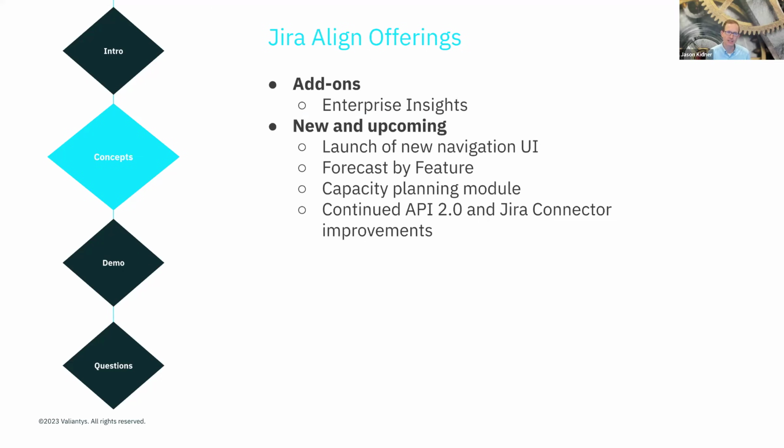There's also an add-on that doesn't come with just Jira Align Enterprise. It's called Enterprise Insights. This is an add-on I've seen most of the clients that we work with use. It's really the data lake, if you will, for Jira Align. It has all the tables, all the raw data that's being used by Jira Align, and you can then export that and bring that into a business BI tool like Power BI or Tableau.